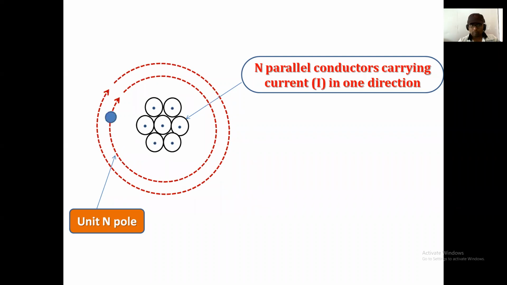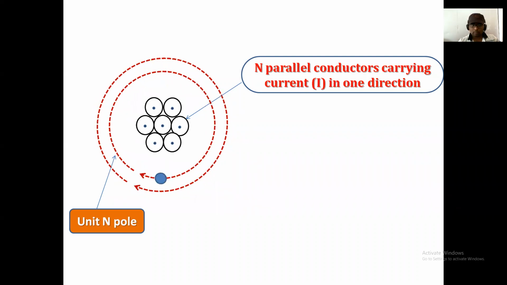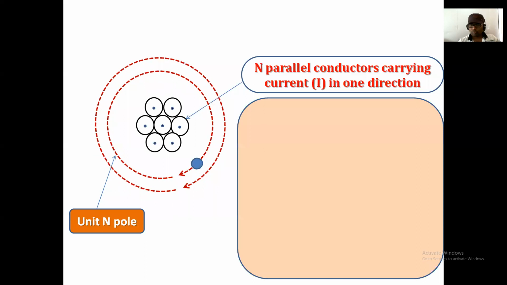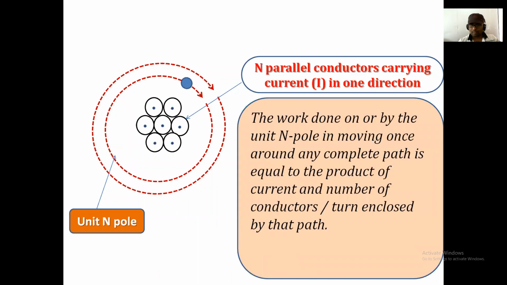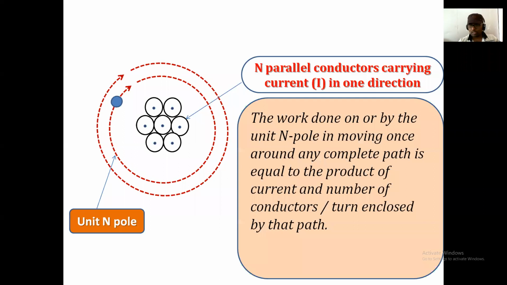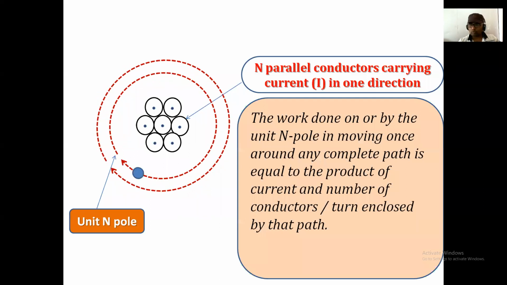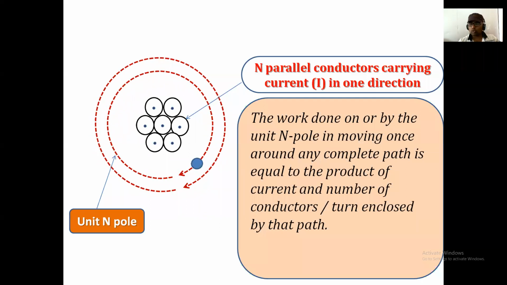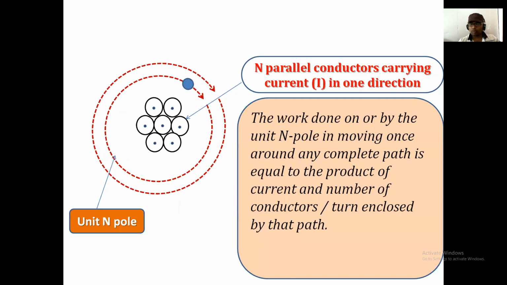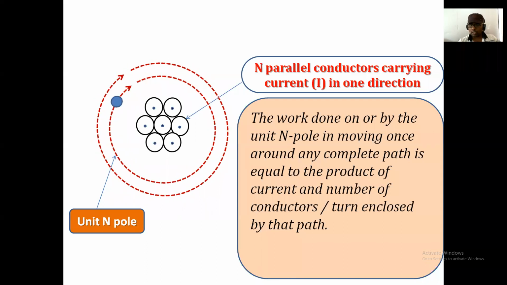If this unit north pole takes one complete round around that circle, then some work will be done. It is observed that this work done is equal to the product of the number of conductors or turns and the current.